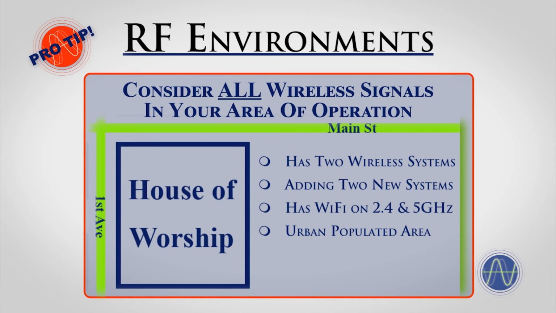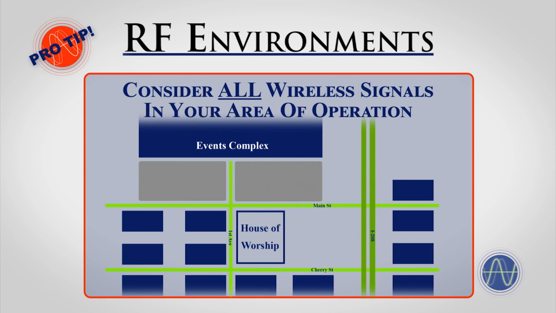For instance, this building utilizes a number of dual-band Wi-Fi access points that operate in 2.4 and 5 GHz. This house of worship is also located in a heavily populated urban area with an event center located nearby that regularly operates a number of wireless systems on a much larger scale. Taking those factors into consideration, you can start to eliminate wireless systems that may not work as well in such an RF environment.